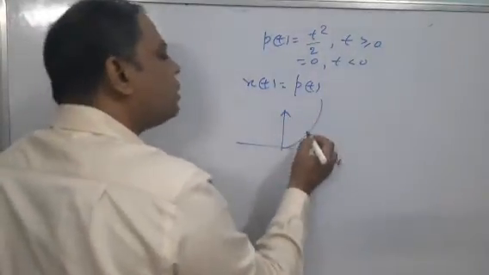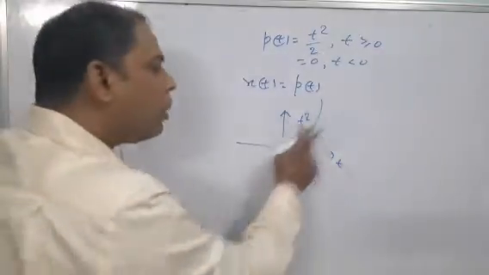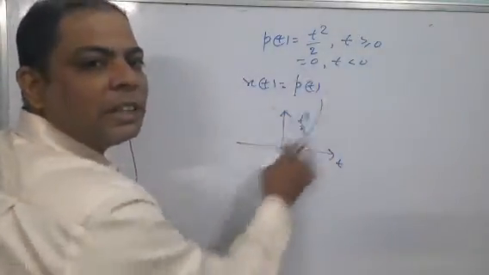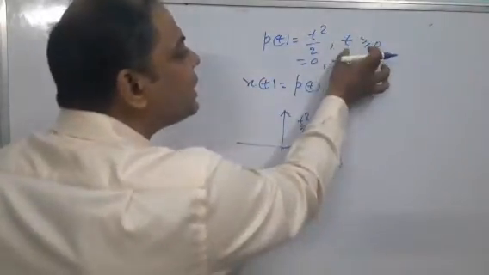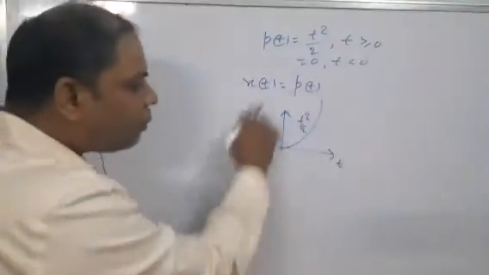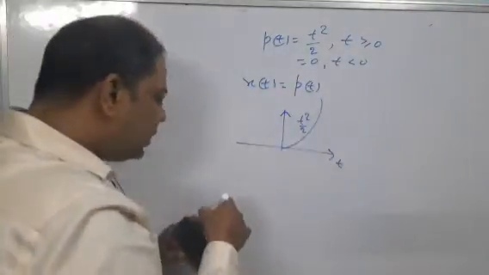Now p(t) you can plot in this manner. This is t square by 2. Not for the entire time. You should not plot this on this side. You have to plot only this side, because in the definition of p(t), this time range is given. This range, this equation. So x(t) equal to p(t) is nothing but t square by 2. You have to sketch it in this manner, on one side.